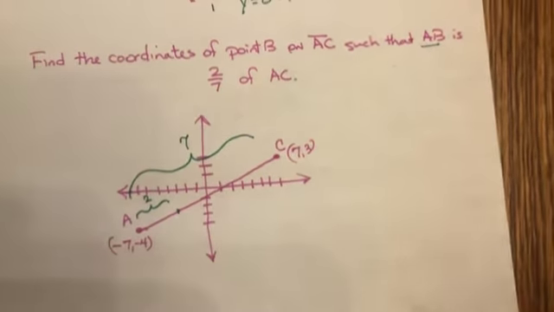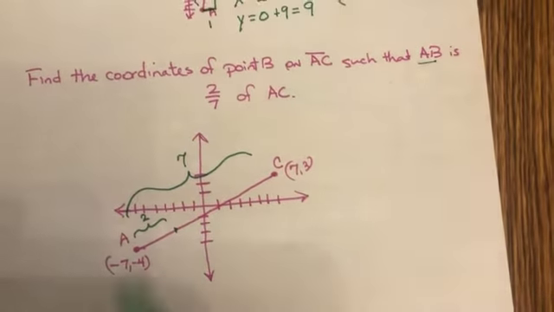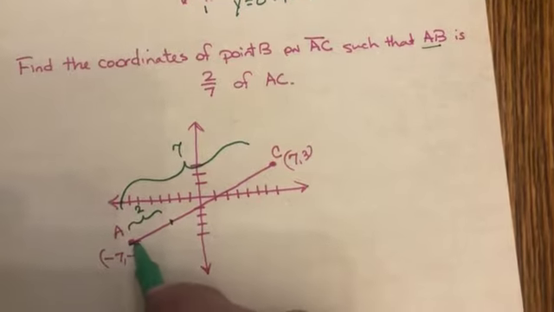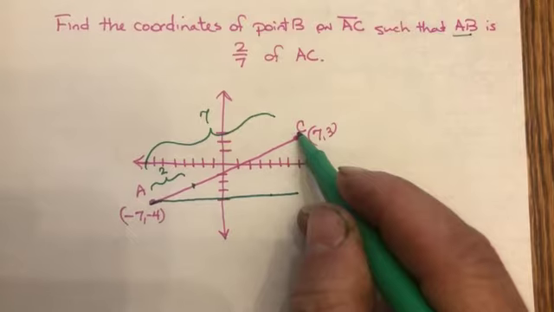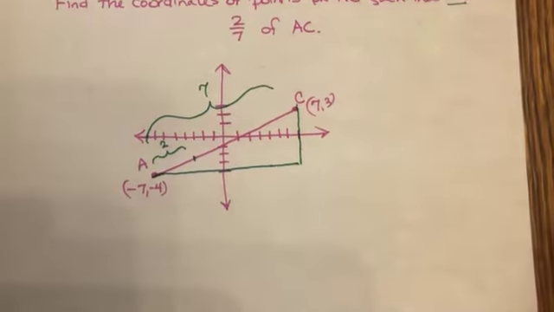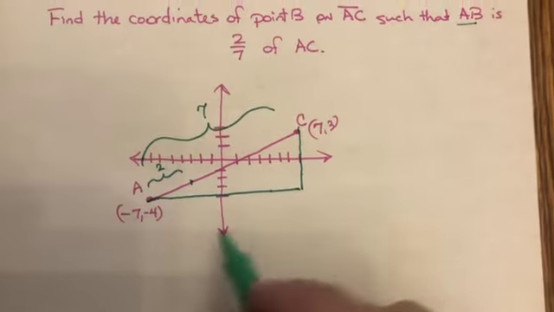So again, first thing I'm going to do here is create a triangle out of this, and I'm going to look and see what the distances are on that triangle.